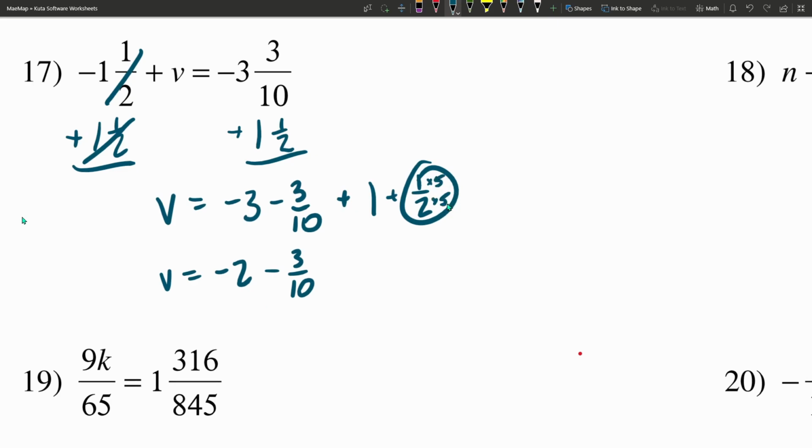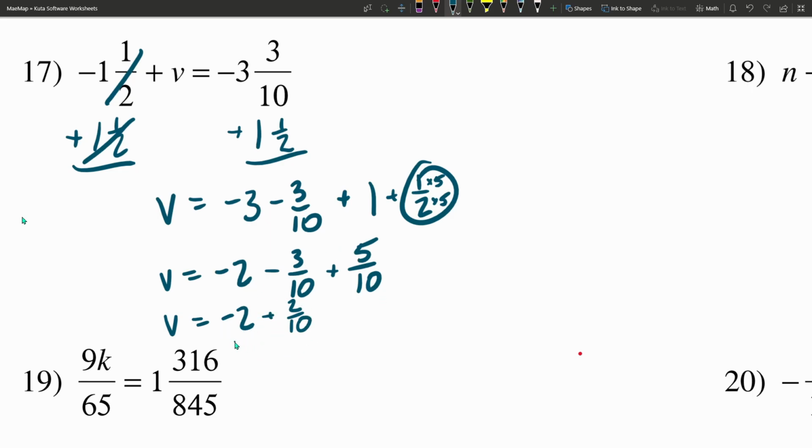The numerator and the denominator of that 1/2, multiplying by 5, that'll be like adding 5/10. 1/2 is equal to 5/10. So now simplifying, we'll have negative 2 plus, negative 3/10 plus 5/10. Negative 3 plus 5 is a positive 2/10. So negative 2 plus 2/10.